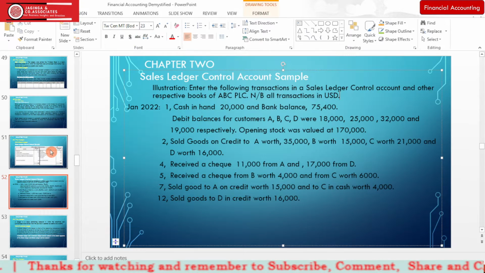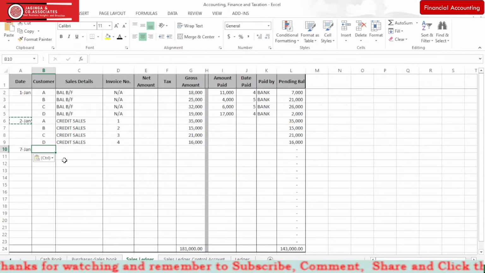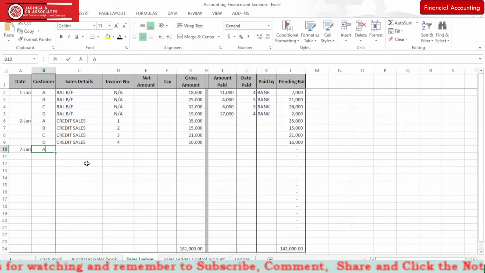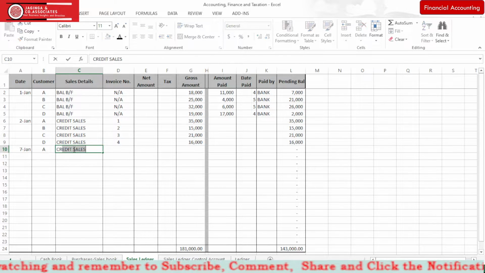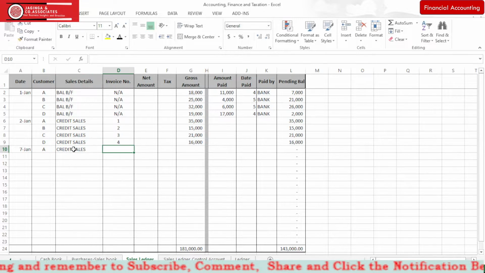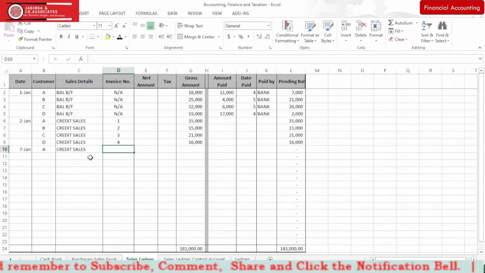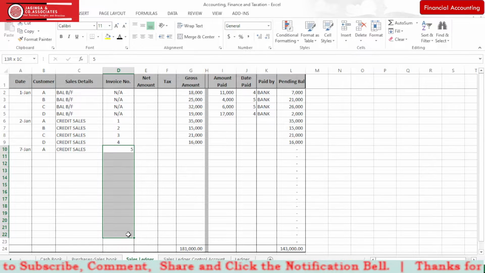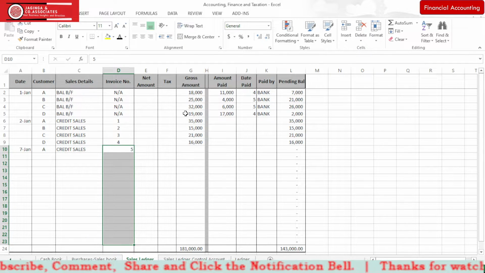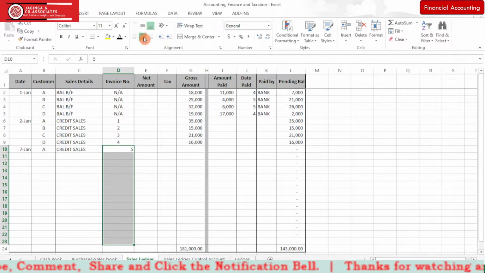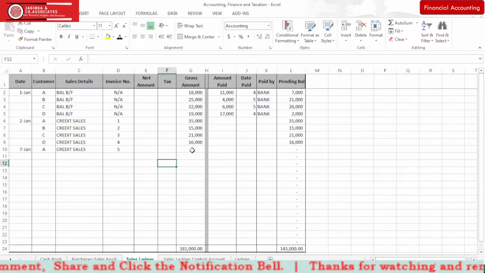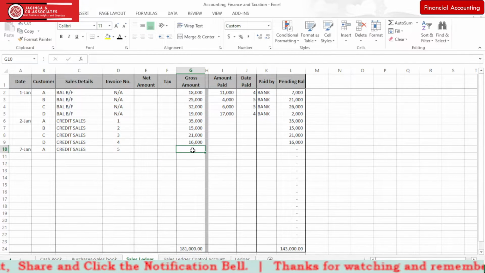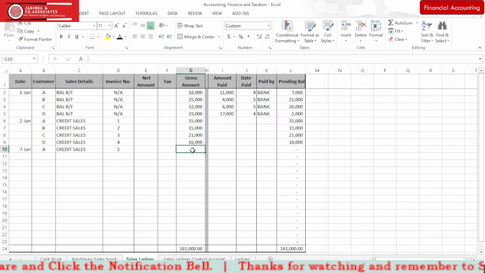So here is sold goods to A. Also credit sales, so we color this one invoice 5. Then here we'll write gross amount was 15,000.